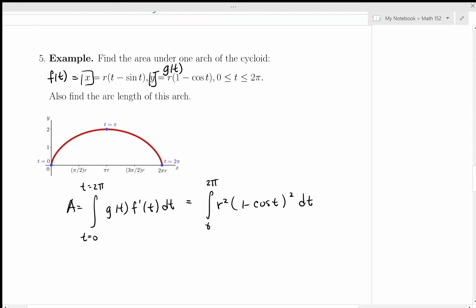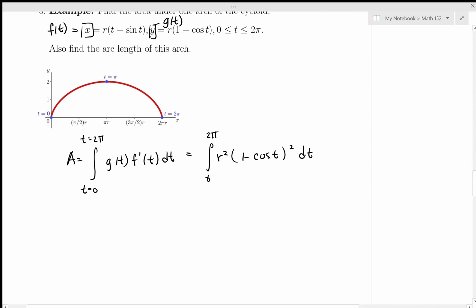Okay, and as I indicated, what you do is you expand that square there, and you get 1 minus 2 cos t plus cos squared t dt. And that then we can integrate. We get r squared.